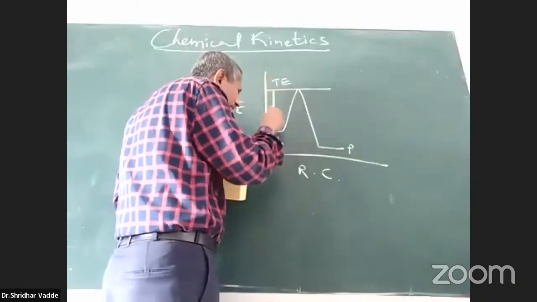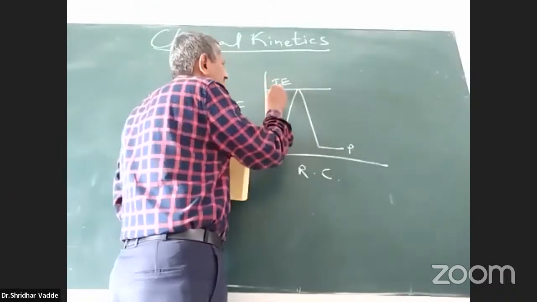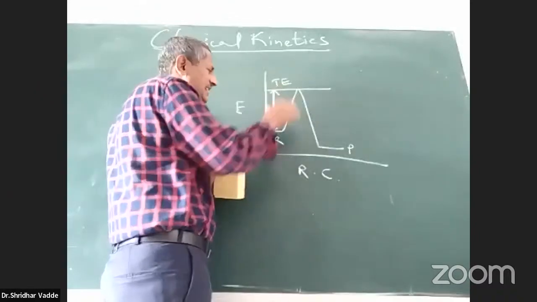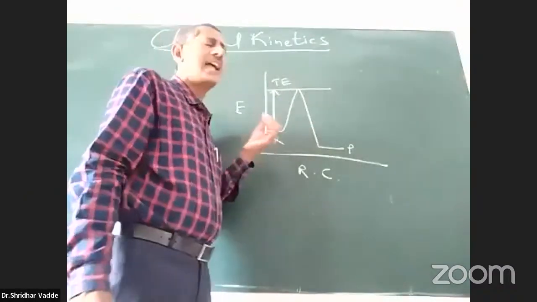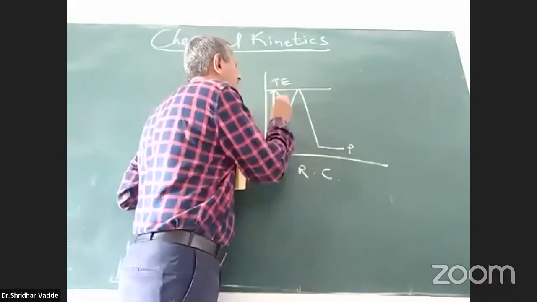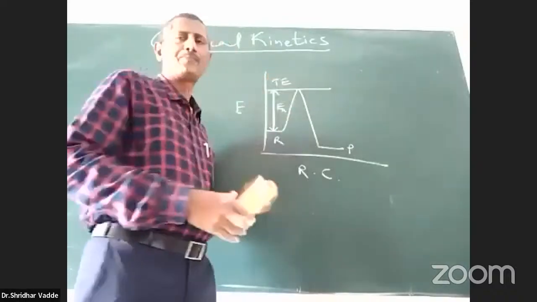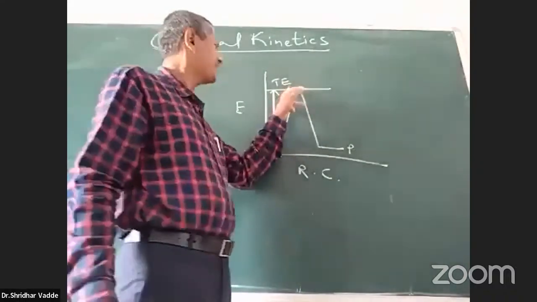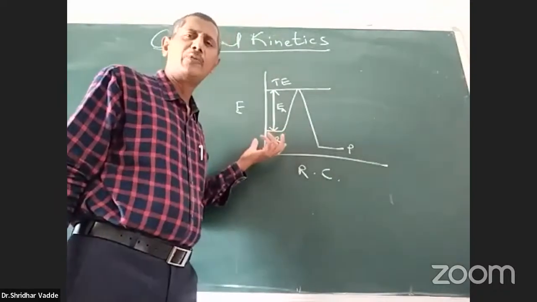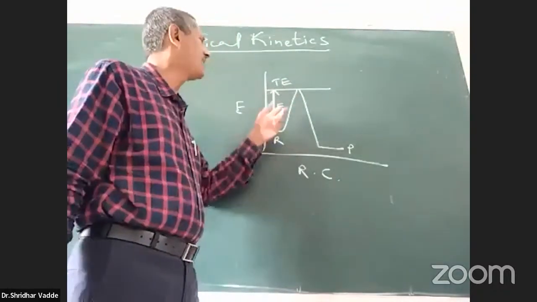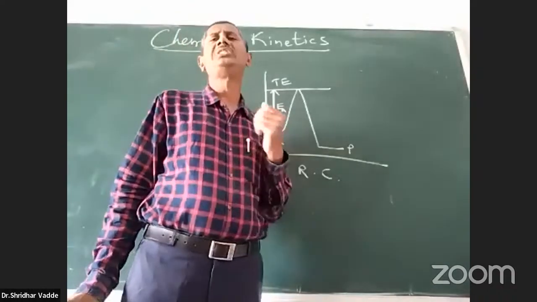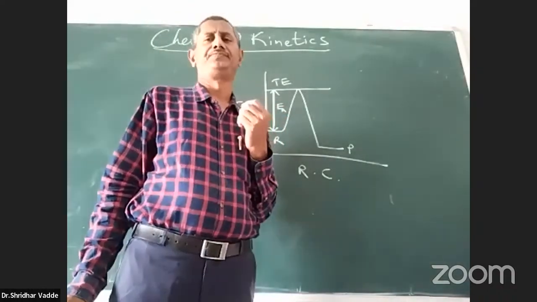Here, the difference between the threshold energy and average energy possessed by the reactants is called energy of activation of reactants. ఆరంభ శక్తి మరియు క్రియాజనక అణువుల సగటు శక్తికి మధ్య గల భేదాన్ని ఉత్తేజిత శక్తి అని అంటాం.